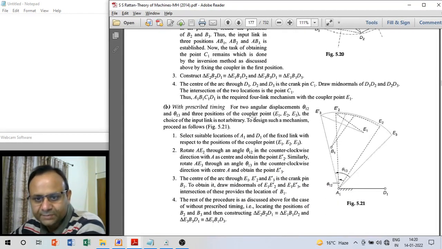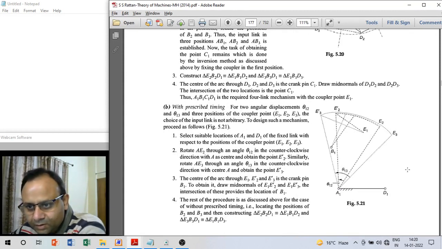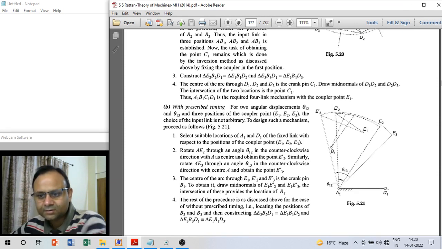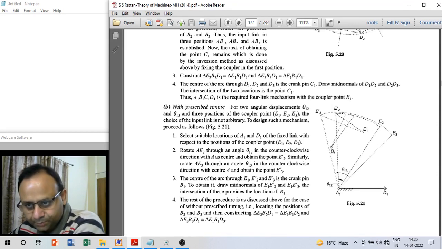So with prescribed timing, referring to this figure 5.21, you are given points E1, E2 and E3. First of all, you choose points A and D based on your convenience. Then you have to get point B. You rotate AE2 in the opposite direction by theta 1 2, so you get E2 dash.